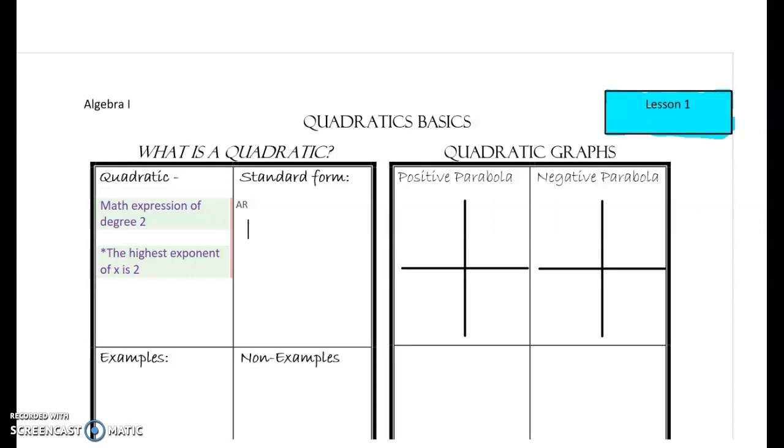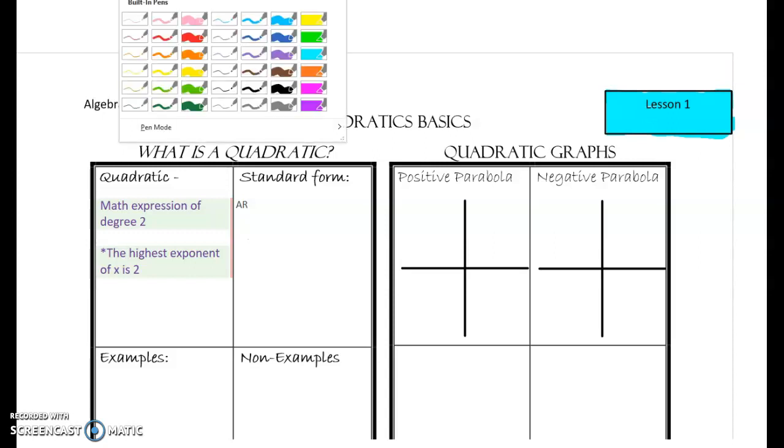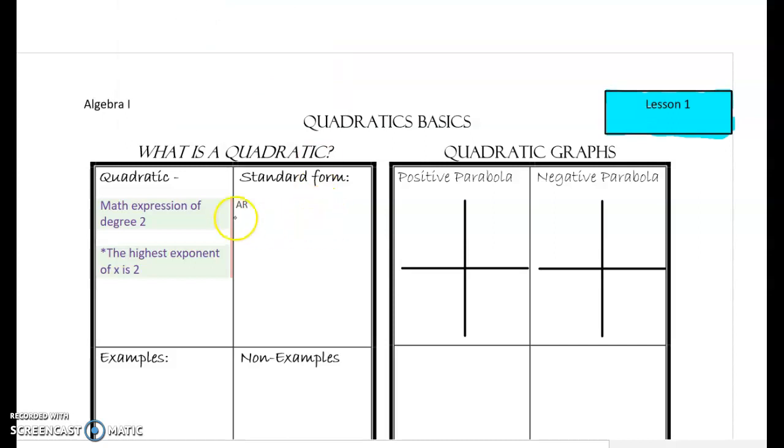Okay, you could see it as, I don't know if I can type it in there. Let me just draw it in there. You would see it as, say, ax squared plus bx plus c. You could see it as y.